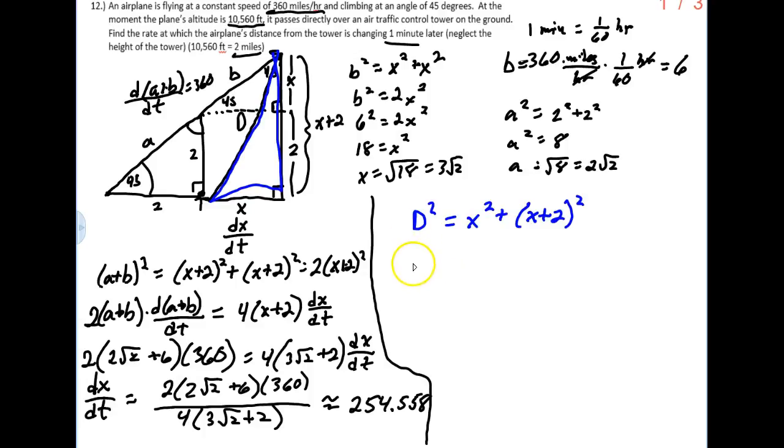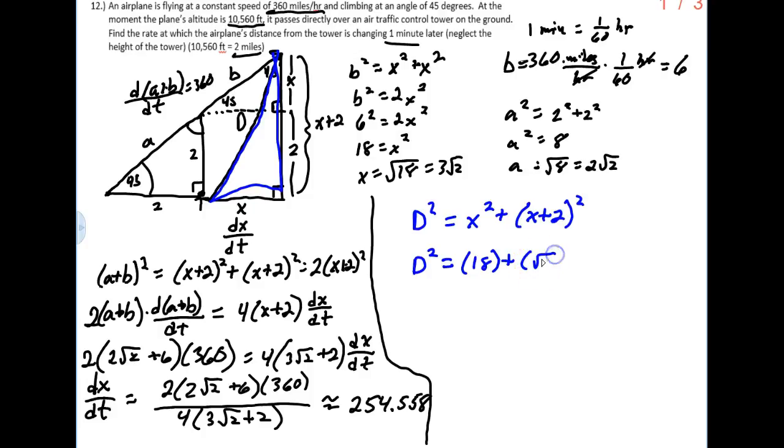So d squared is equal to x squared, which from above was just 18, right? So x squared equals 18, plus (x + 2) squared. So now we need to use x, which was the square root of 18, or 3 root 2, right?